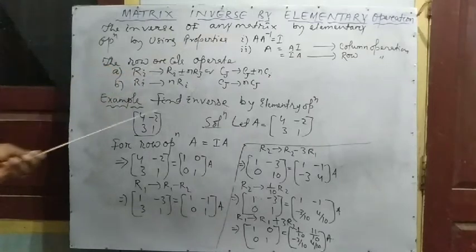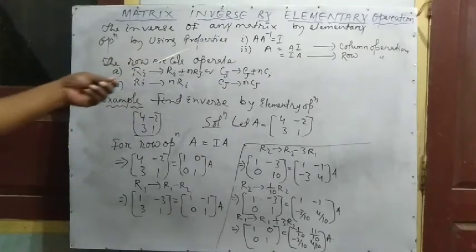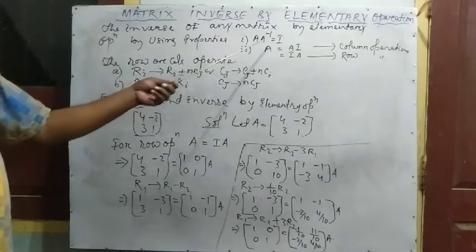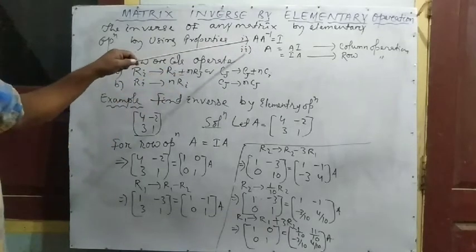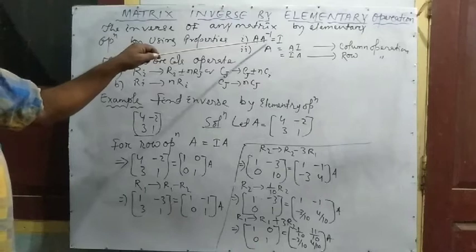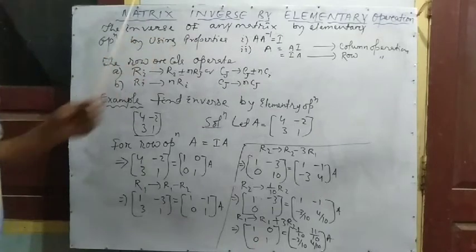Suppose there are two properties of a matrix. The first property is A into A inverse equals I. When any matrix is multiplied by its inverse, we get the identity matrix.